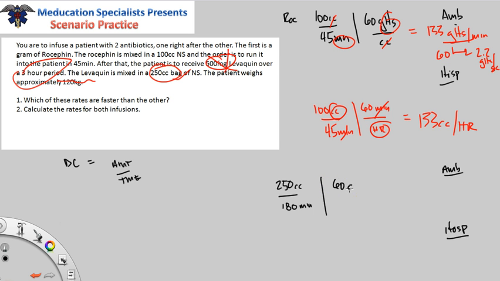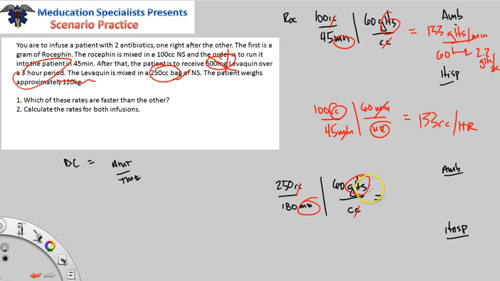So again, let's use 60 drops, and a drop set is predicated by the number of drops that makes up 1 cc. Okay, this equals, and we'll go ahead and cancel. We have cc's that cancel in this case. What we're left with, yep, there's drops per minute.